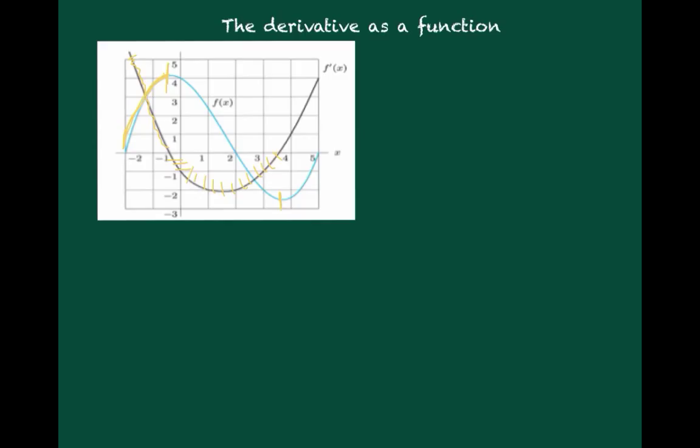And then the original blue function begins to increase again. The y values are still negative, but the function begins to increase, and that's what we see on the derivative: the derivative gets positive again at that point. That brings in a couple of things I want you to put in your notes.